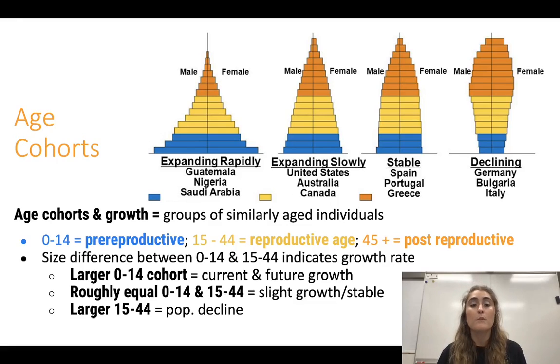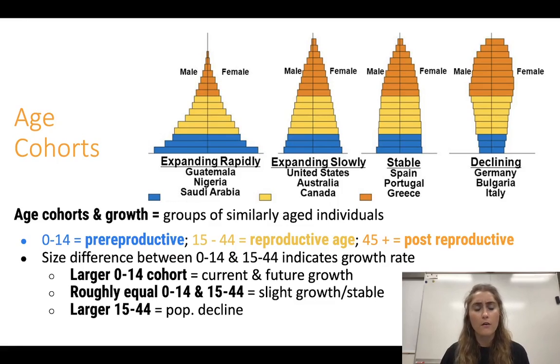This would be your pre-puberty population. Then you have your next cohort, which is 15 to 44. These are going to be your reproductive aged individuals, so these are individuals that have the ability to have offspring. And then you've got your 45 plus, which are post-reproductive. It doesn't mean they don't have the ability to have offspring, but they are far less likely to have offspring. So we call this post-reproductive.